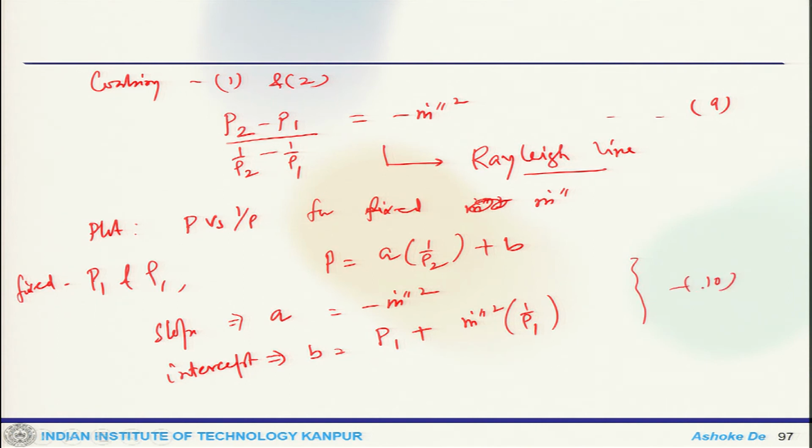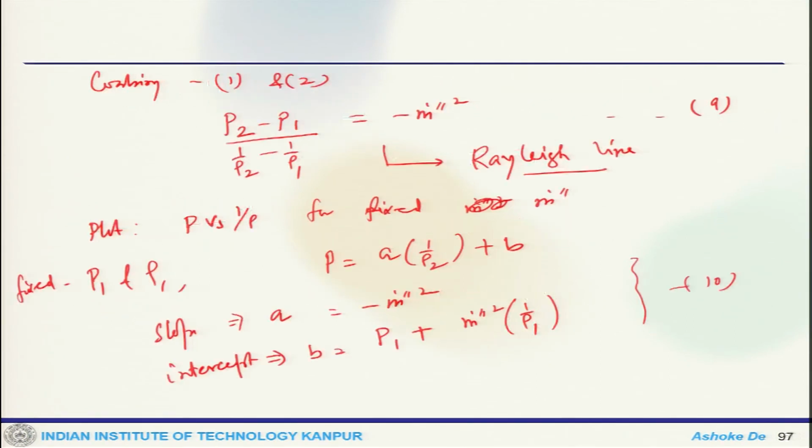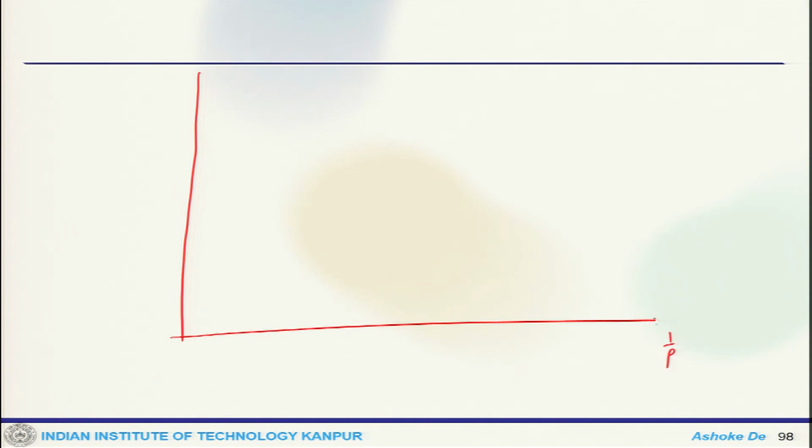If you plot this, this is the axis, this is 1 by rho, and this goes to P1 plus m dot square; so, essentially this is the P axis.